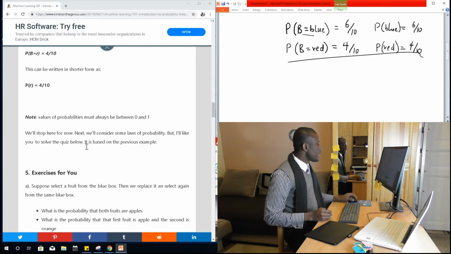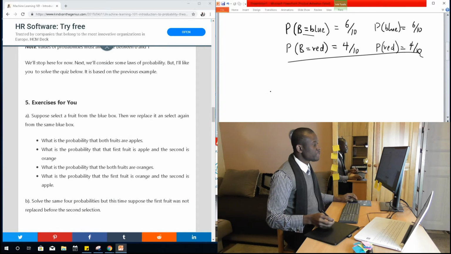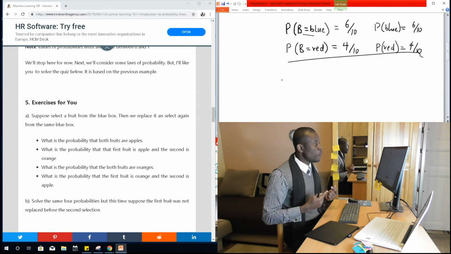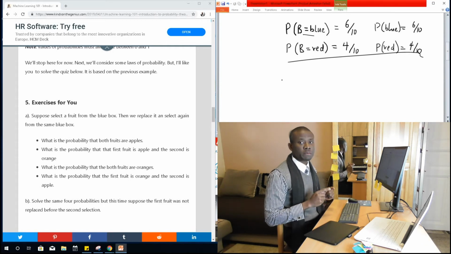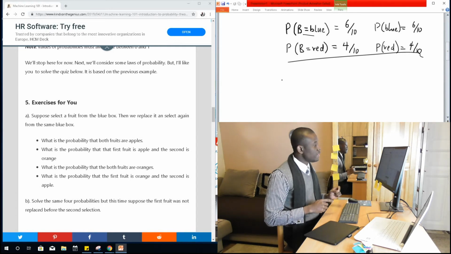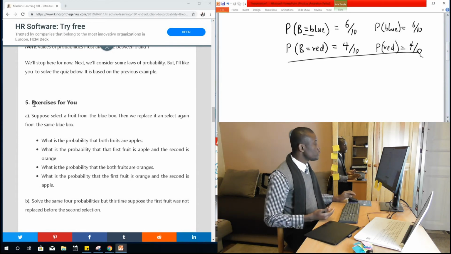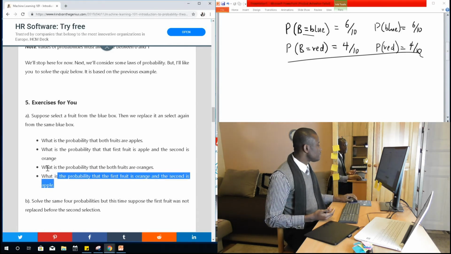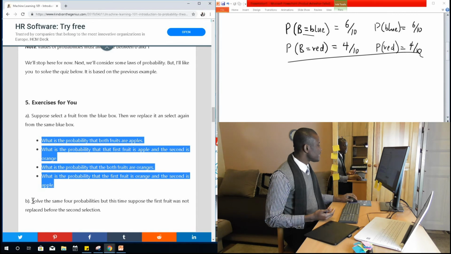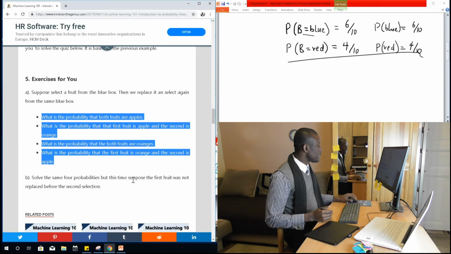But before I allow you to do these exercises, I would like you to represent the probabilities of the random variable that represents the fruit in probability notation, in the way I've done here. Then also take some time to do the exercises I've left here. Try to use the experiment of the box of oranges and apples and solve these problems. And also solve the same 4 probabilities this time, supposing the first fruit was not replaced before the second selection.